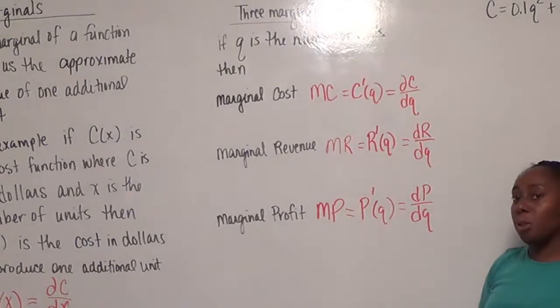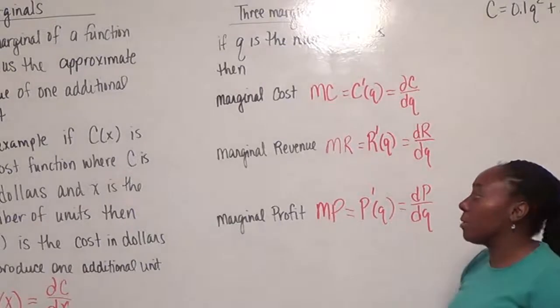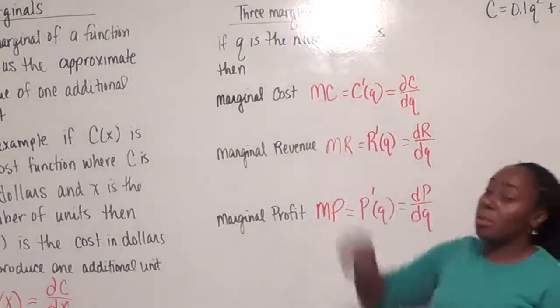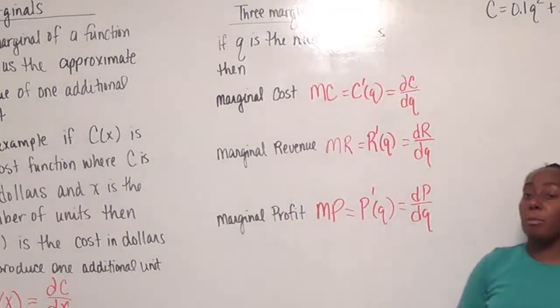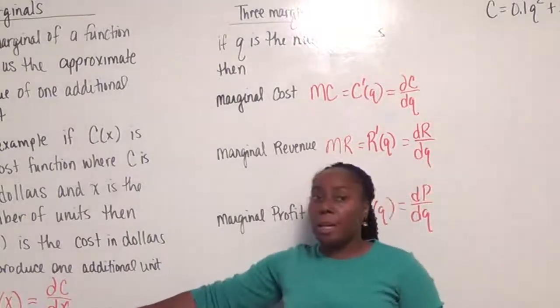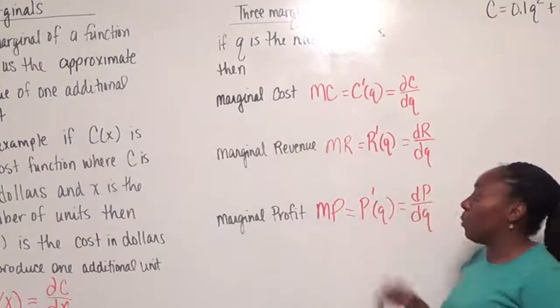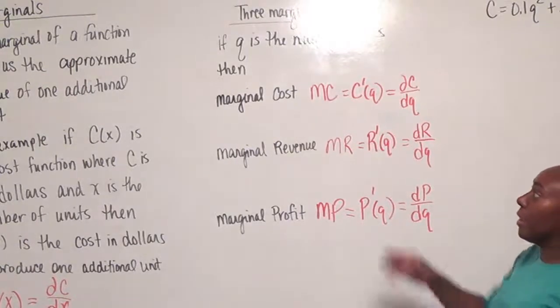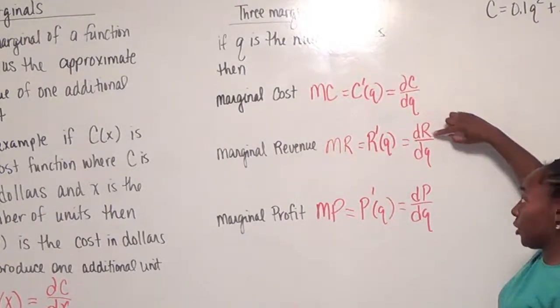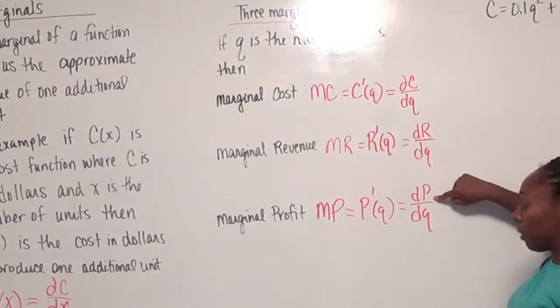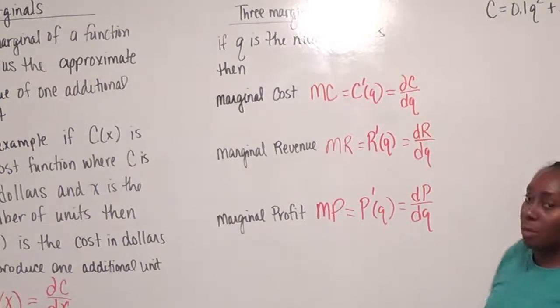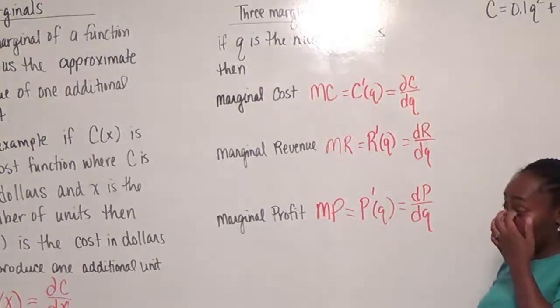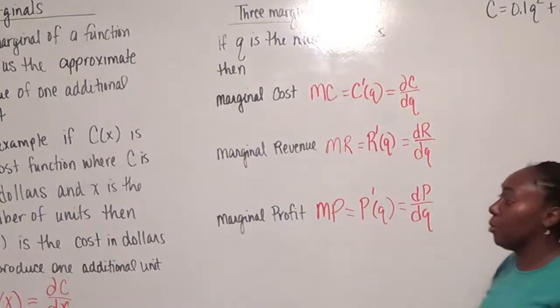And one of the things you will get used to as you go through the different sections of the text and some of the problems that we will deal with is that Q is not always going to be your variable for the number of units. In some cases you may have X. So you have to be aware of that. But again, for each of these, the thing to remember is it's a change in cost, or change in revenue, or change in profit with respect to the number of units. That's what we mean by a marginal cost, or a marginal revenue, or a marginal profit.